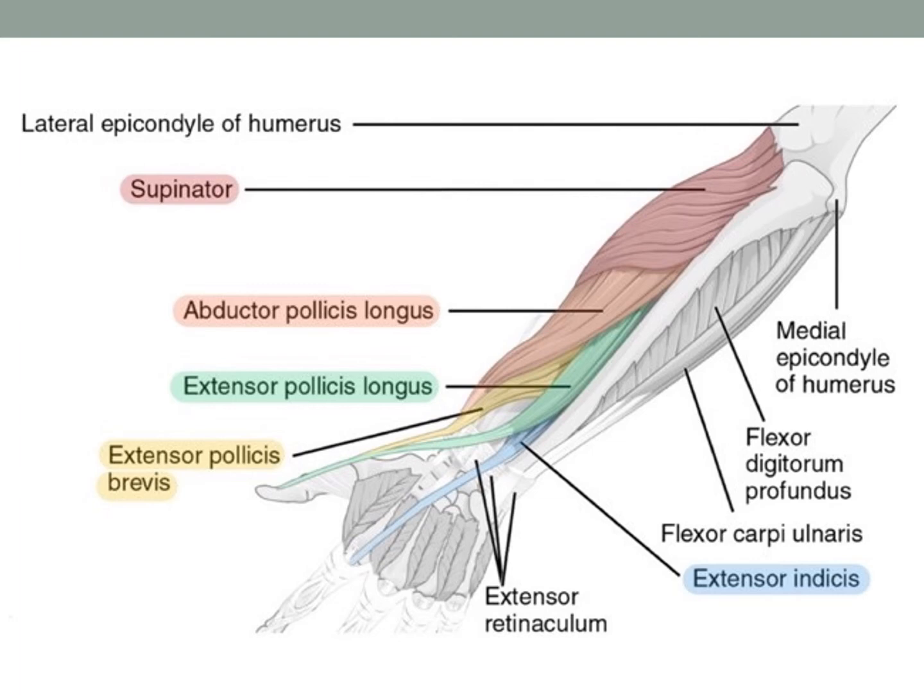You can see how far it attaches to the thumb, and the extensor pollicis brevis is in the yellow. You can see where the extensor pollicis longus and brevis meet or join, and where the brevis ends.